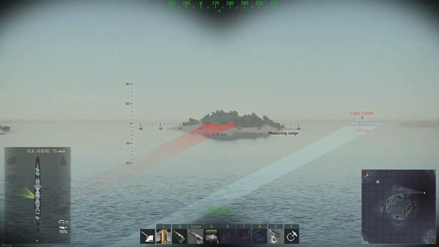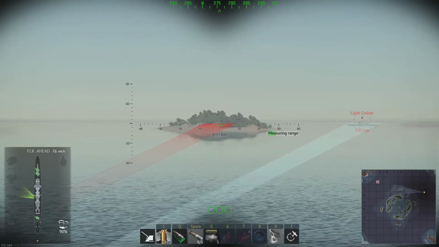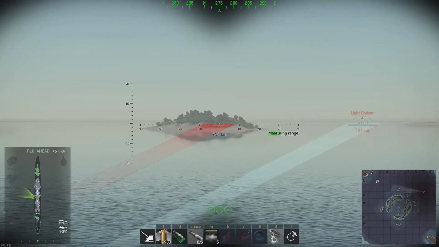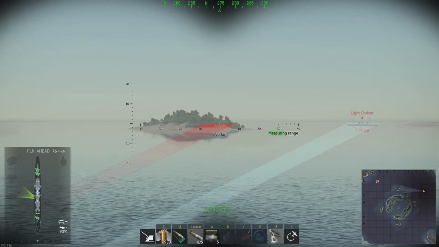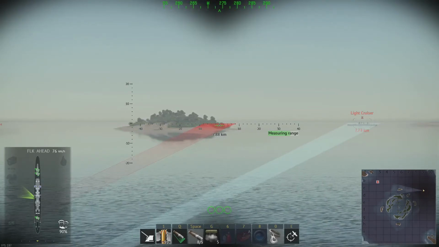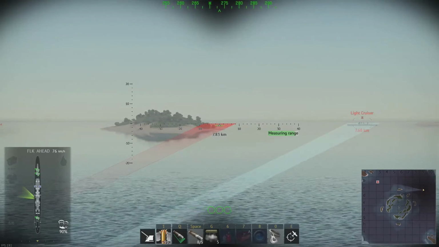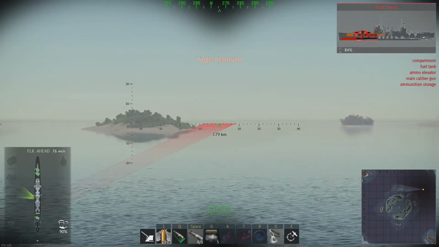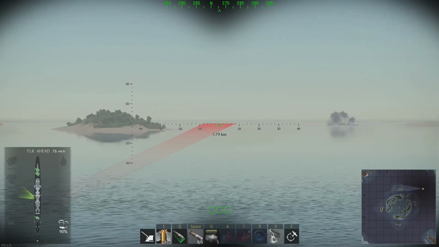That ship was about 8 kilometers away. The speed of this torpedo I launched is 25.2 meters per second.